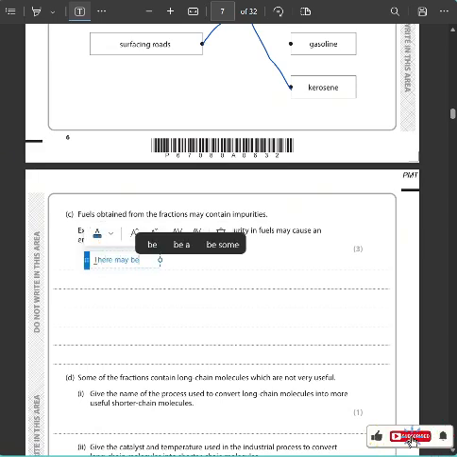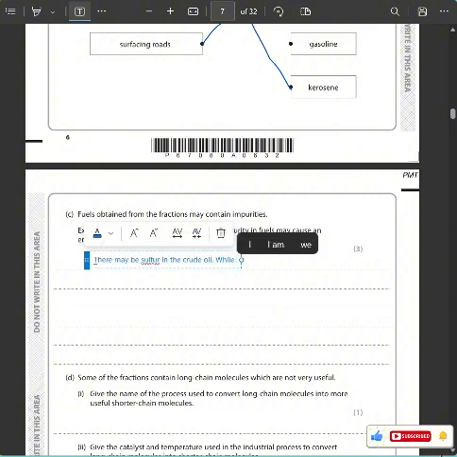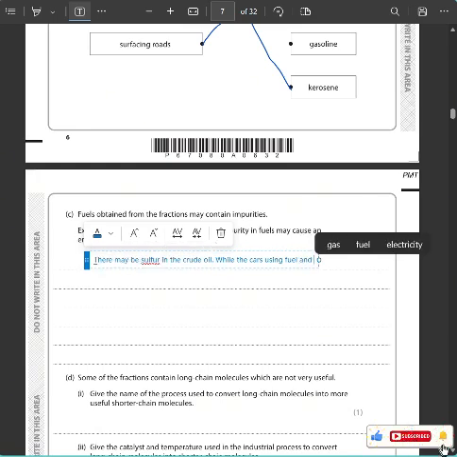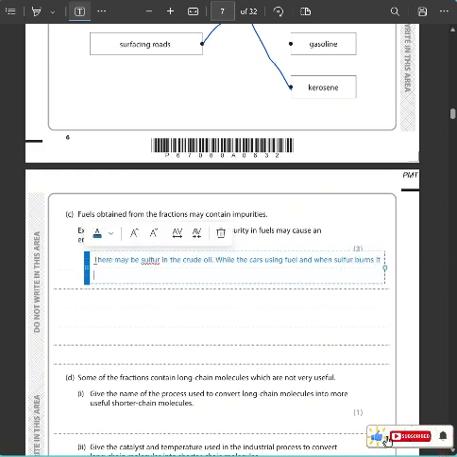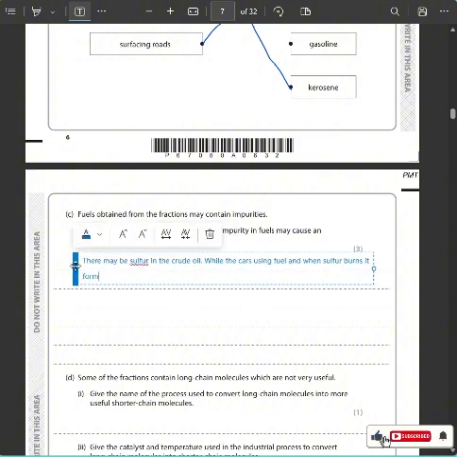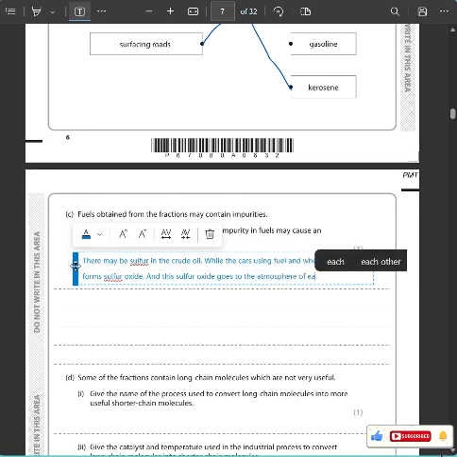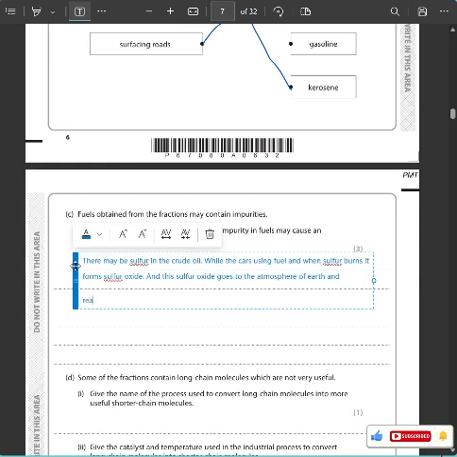There may be sulfur in the crude oil, while the cars are using fuel, and when sulfur burns, it forms sulfur oxide, and this sulfur oxide goes to the atmosphere of Earth and reacts with water.